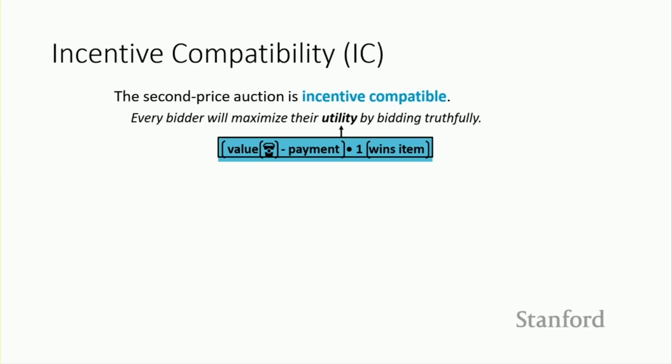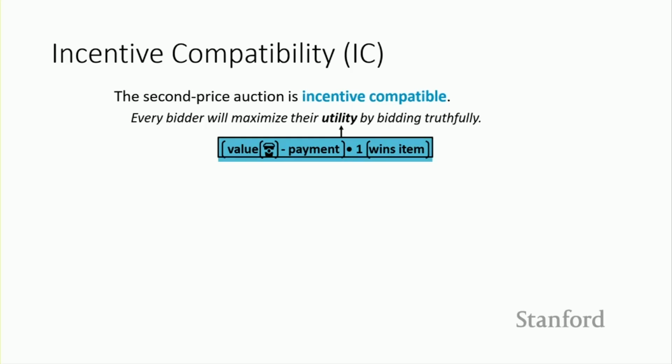So the informal claim is that the second price auction, which we talked about briefly, is this idea that you collect a set of bids and then the winner is whoever has the highest bid, and what they pay is the second highest price. So whoever bid second highest. And the claim here is this is incentive compatible, which means every bidder will maximize their utility by bidding truthfully.